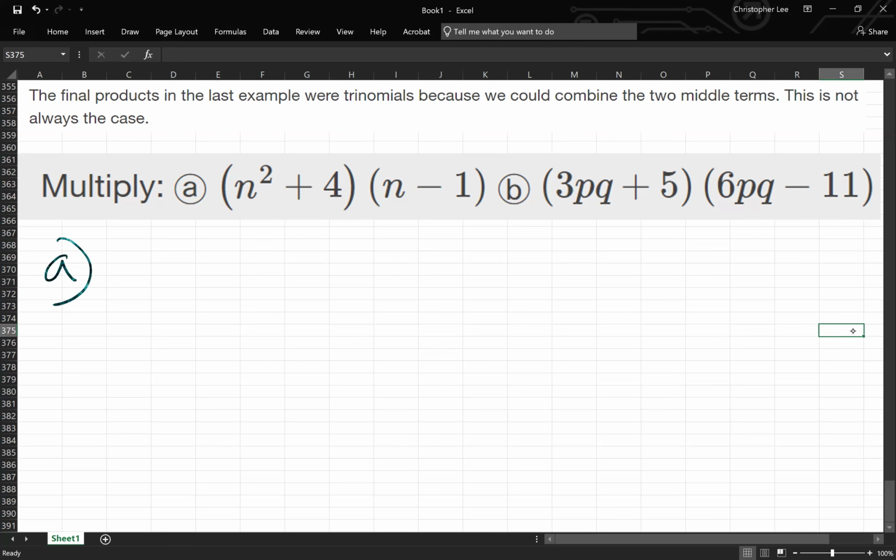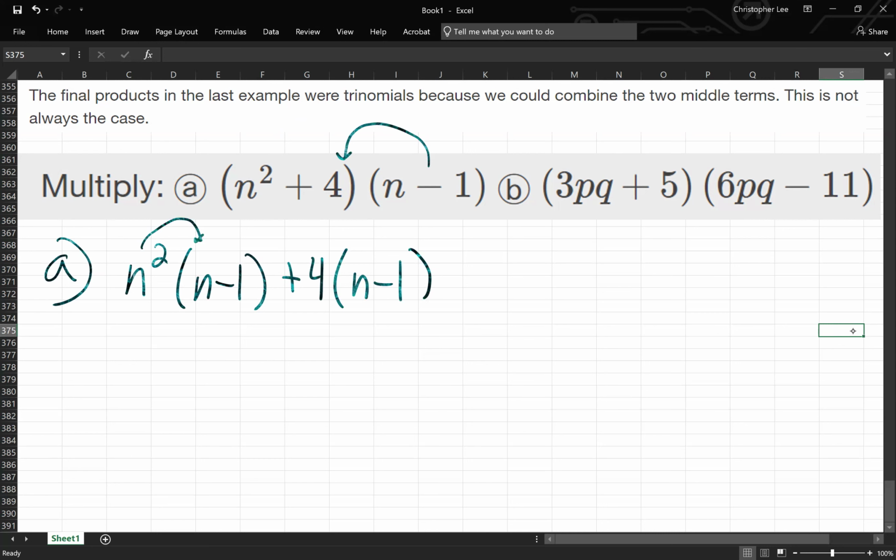However you want to do it, you can FOIL it or use the distributive property. I'm choosing the distributive property, so I'm going to distribute n minus 1 times n squared, then plus 4 times n minus 1, and distribute this back. So now I have n cubed minus n squared, plus 4n, and 4 times negative 1 is negative 4. And that's it.